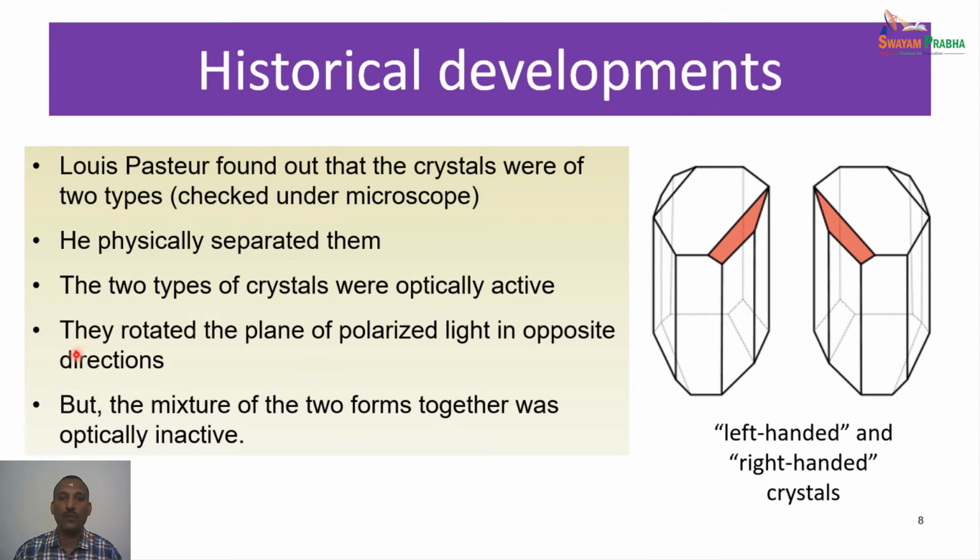Another important thing he identified was that they rotated the plane polarized light in exactly opposite directions with the same magnitude. But when he mixed a 1:1 ratio of the two crystals, they were optically inactive. So these are all the major developments by Louis Pasteur in the optical activity field.